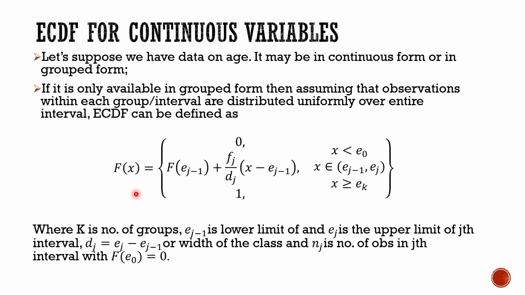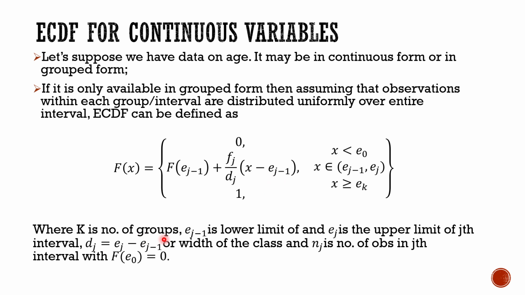Here the fx is the same. Here you will have a complex formula. The lowest value is 0 and the highest value is 1, and between 0 and 1 this is the distribution.